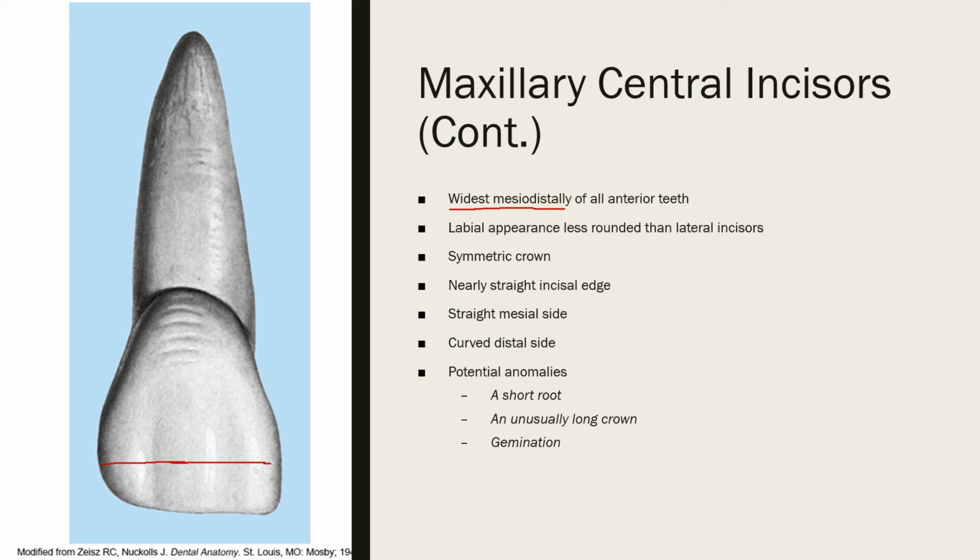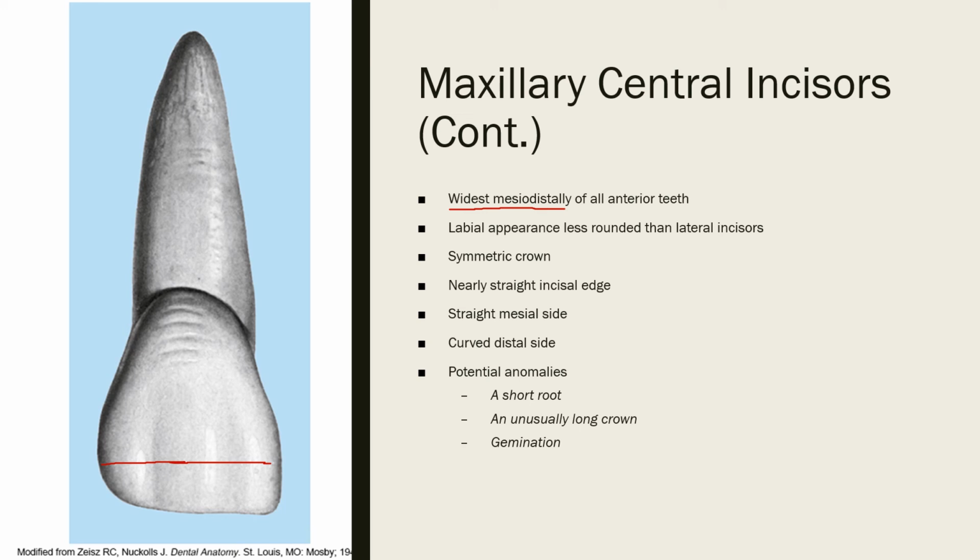Okay, so again, the maxillary central incisor is the widest mesiodistally of any anterior teeth. Our labial appearance, that's this facial appearance, right? Labial because it's by the lip, is less rounded than the lateral incisors.